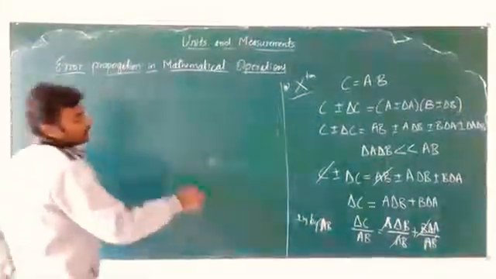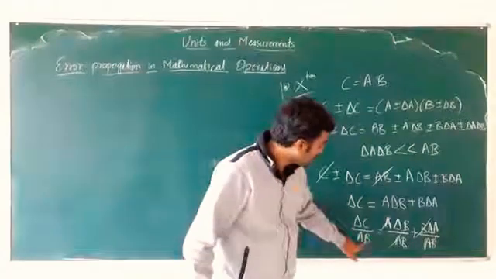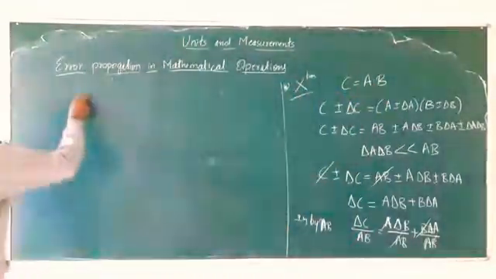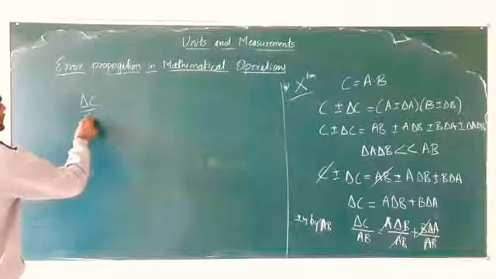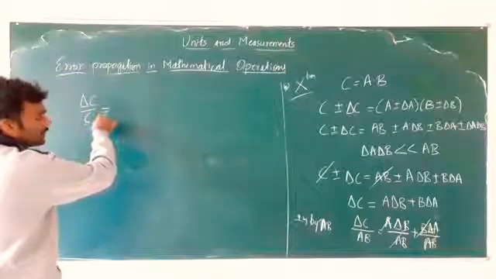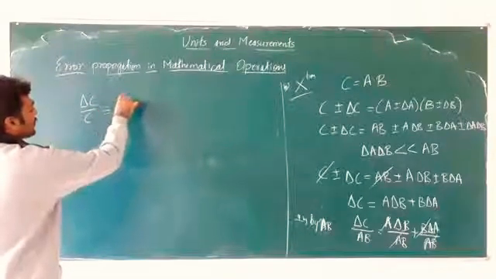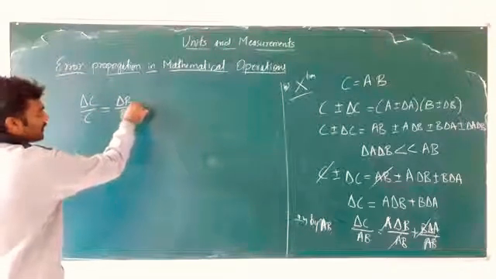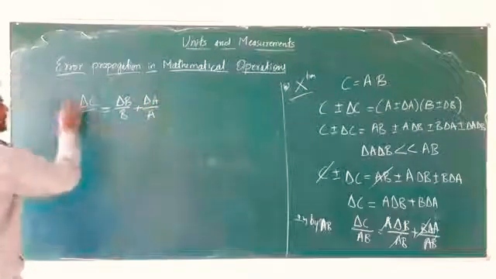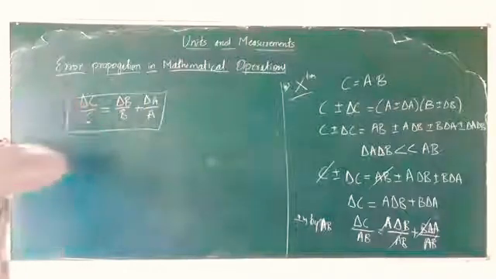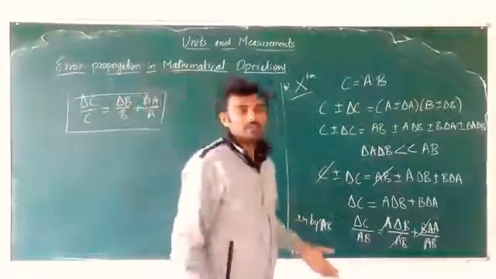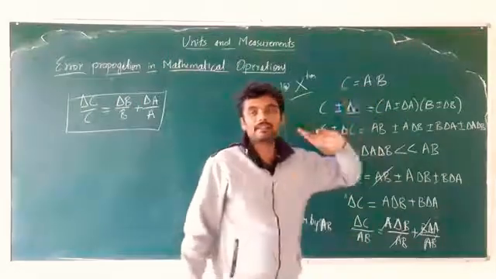Before I go for the final expression, what is AB equal to? AB is equal to C, right? So we will get delta C by C. Instead of AB, I will write C itself. Delta C by C is equal to, A got cancelled, delta B by B plus delta A by A. So this is the final error for the multiplication operation of two measured quantities.